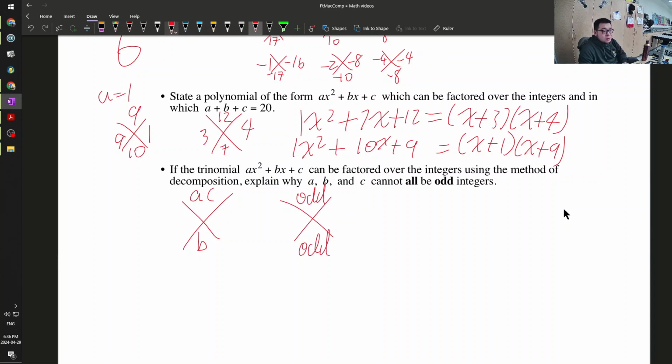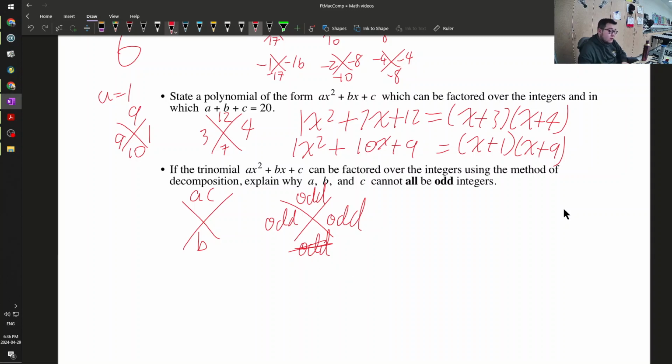Odd times odd is odd. So if two numbers multiply to equal the top number, the left one and the right one must also be odd. Now if the left one and the right one are odd, then when they add up, the bottom must be even. So there is a contradiction there.